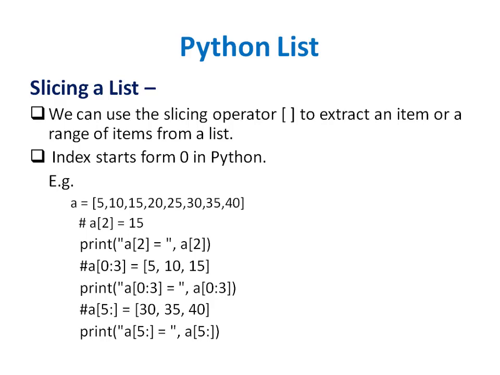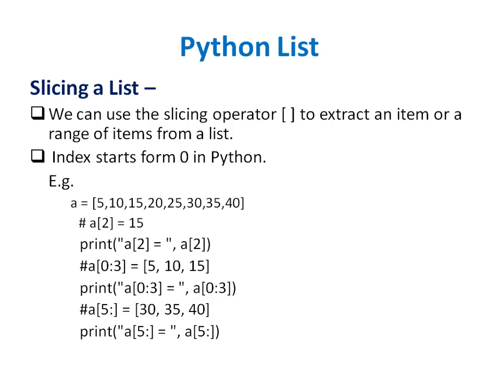In a[2], 2 is the index. 5 is at index 0, 10 is at index 1 and 15 is at index 2. So when we try to print a[2], it is going to print 15. Also, if we print a[0:3], it is going to print the elements from index 0 up till index 3, that is, 5, 10, 15.